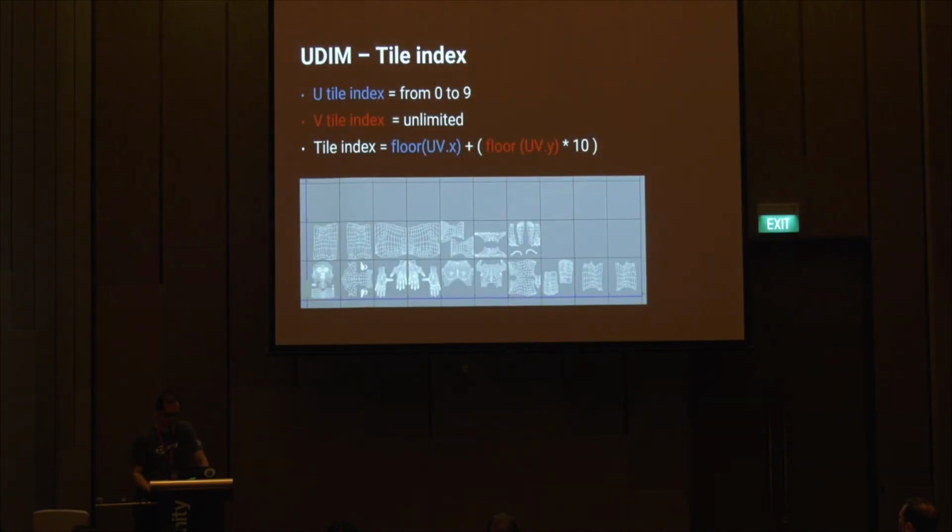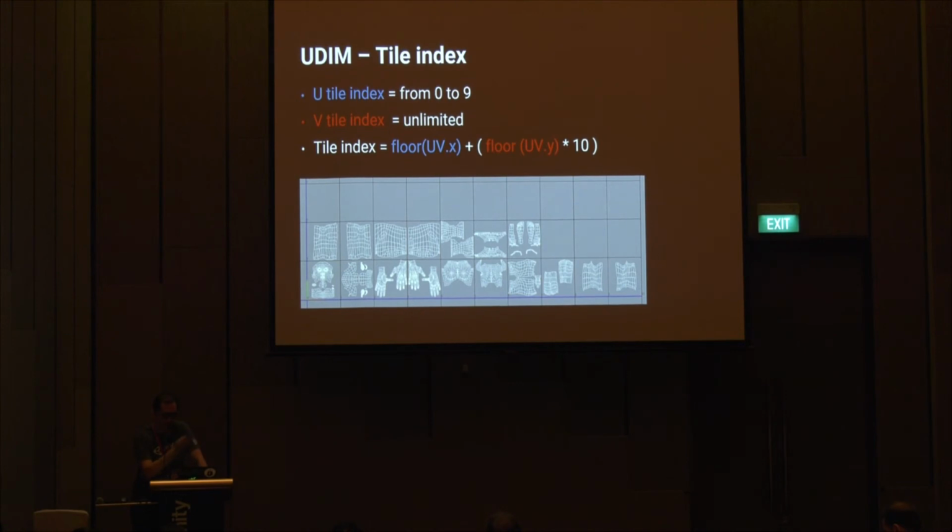Using this formula, you can calculate the index. Because we know on the U-axis you can have up to 9, and on the V-axis it is unlimited, you do a floor of the x value of the UV, plus the floor of the y value of the UV multiplied by 10, and you get the index. If you go from the lower left-hand corner, that's index 0.